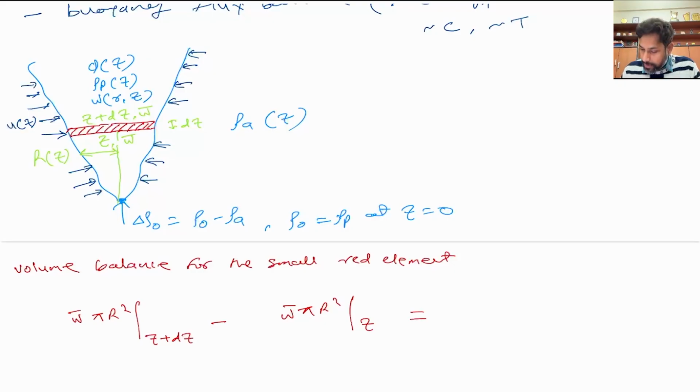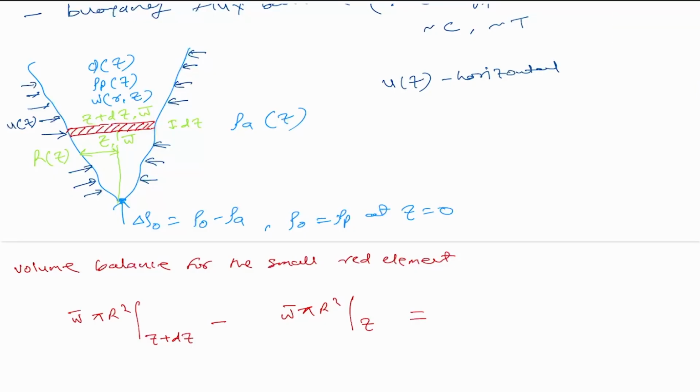So u of z is the horizontal entrainment velocity. While the plume is going up, there is also entrainment happening, and this horizontal velocity is generally given as a function of w, so it is proportional to the vertical velocity.